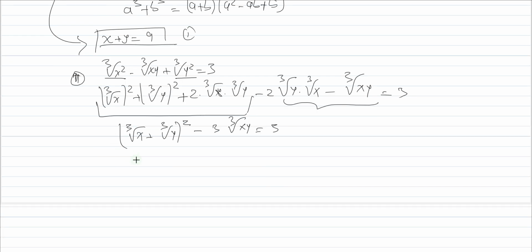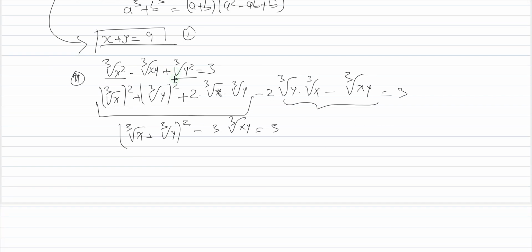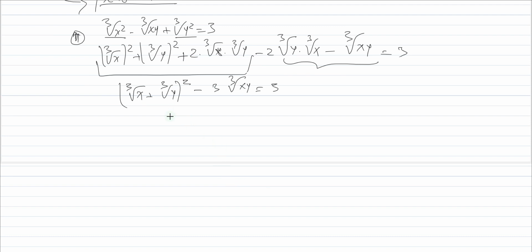This one here is our first equation, which is 3. So 3 squared is 9, and 9 minus 3 times the cubic root of xy equals 3. So we're going to have minus 3 cubic root of xy equals minus 6.